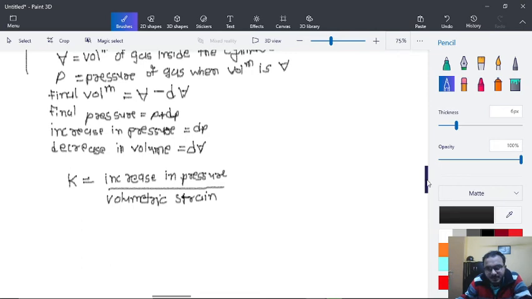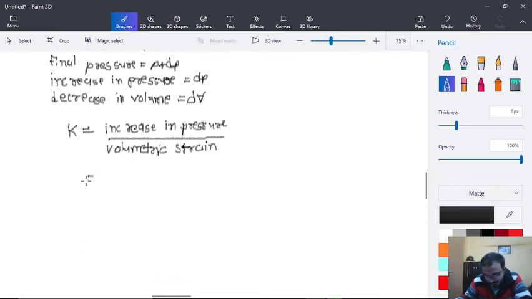So the increase in pressure is dP, divided by the volumetric strain, which will be written as dV upon V. Why the negative sign? Because there is a decrease in volume. So that is equal to minus V dP over dV.